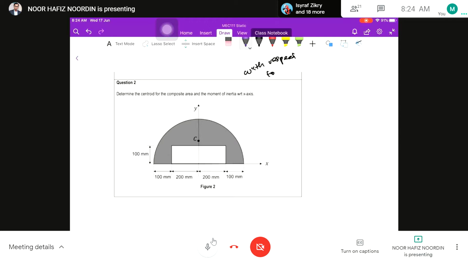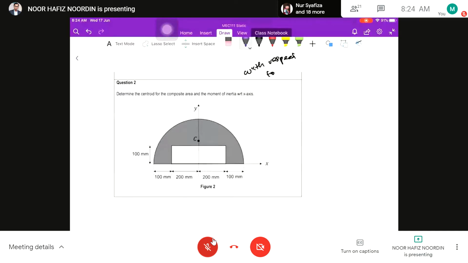Okay, if let's say you want to use 2 components, also betul, correct. If let's say you want to use 4 components, also correct. But kita kalau boleh ambil yang simple one lah. Easy for us to, easy and orang kata cepat untuk kita solve that question. So in this case, I think the best way is we choose 2 components.